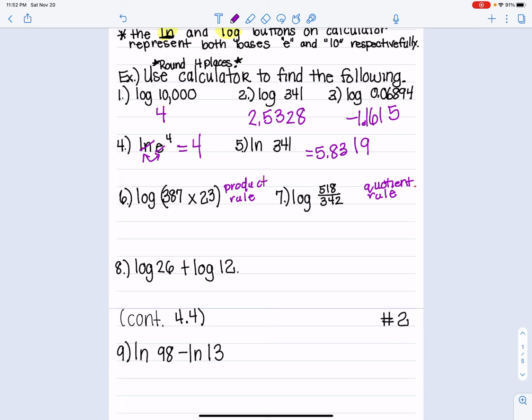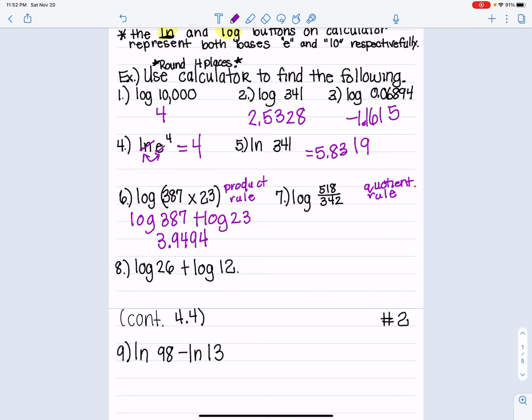So that's what we have to do. It's log of the first thing, 387, plus log of the second thing. This is what you type in the calculator. If you have a graphing calculator, you can type all this in and press enter. Now, when I did it, I got 3.9494. Okay?